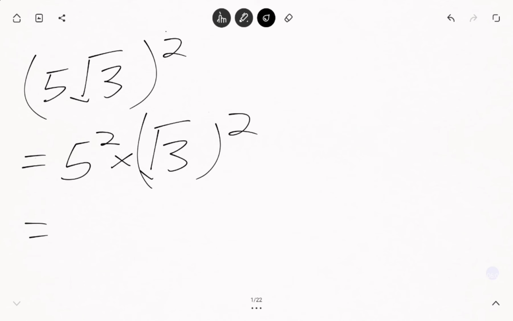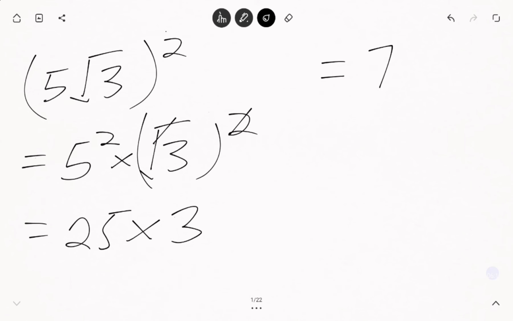This means we have 5 squared is 25 multiplied by root 3 squared, which will give us just 3. And then if we multiply 25 by 3, we are going to get 75. So 75 becomes our answer. So this is simply how we square a square root sign to get our answer.